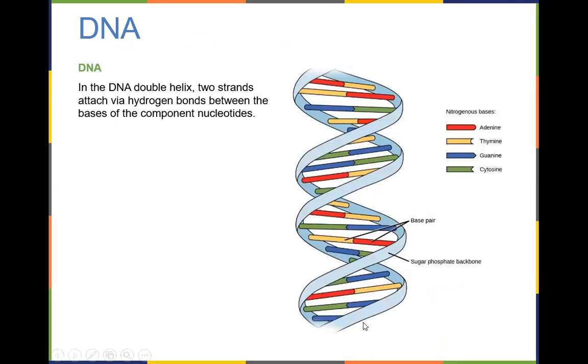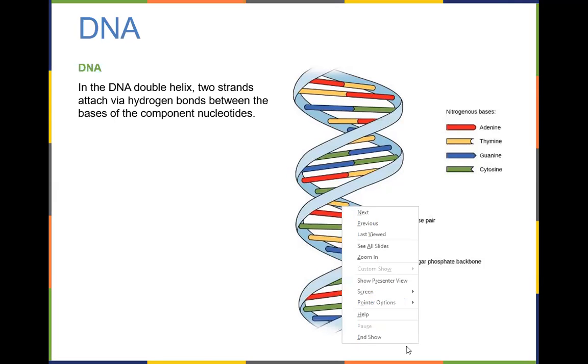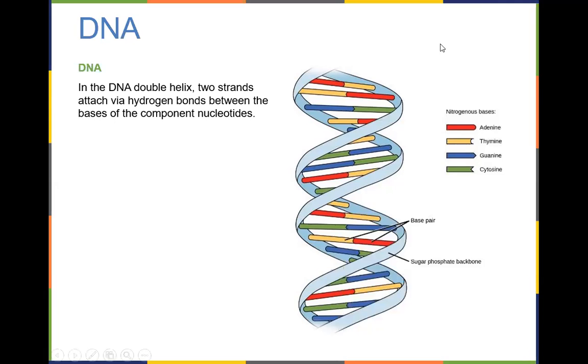Now, this is what DNA looks like right here. This is a DNA molecule, a segment of it anyway. This is the double helix. You can see how it has the spiral staircase effect. It has the complementary pairing between the adenines and the thymines and the guanines and the cytosines, for example.